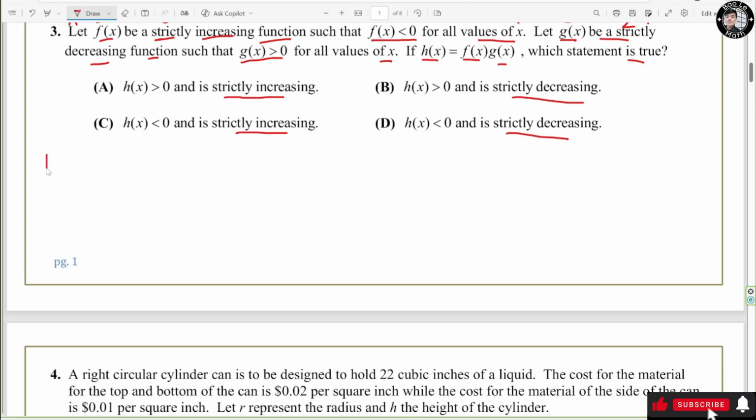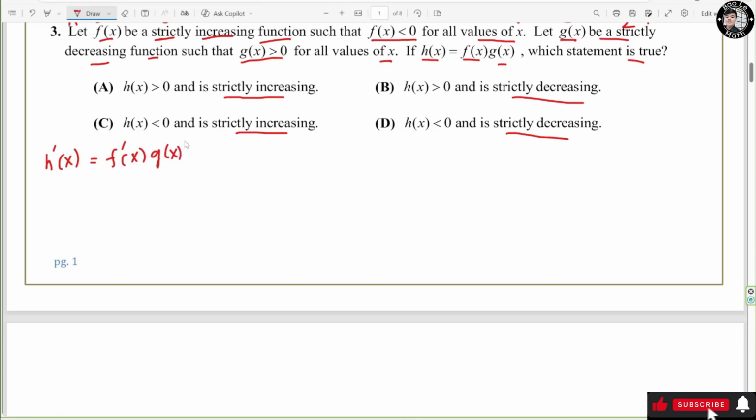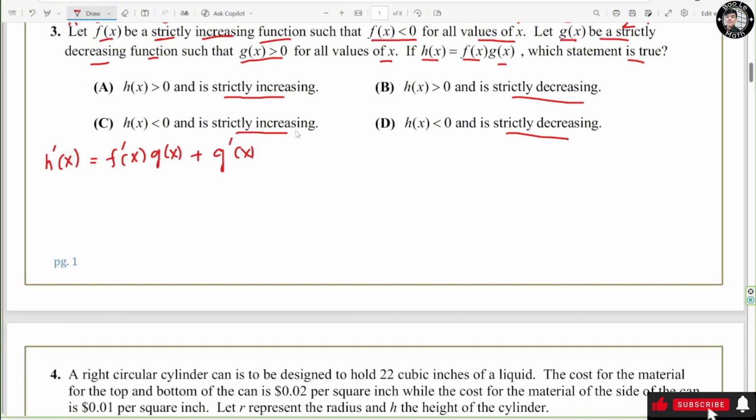Alright, so we need to take the first derivative of the function h of x, right? So we have the product rule, right? So it would be f prime of x times g of x plus g prime of x times f of x, right? Now we're going to use the information right here. Since the function f of x is strictly increasing, it tells us that f prime of x is greater than 0, right?